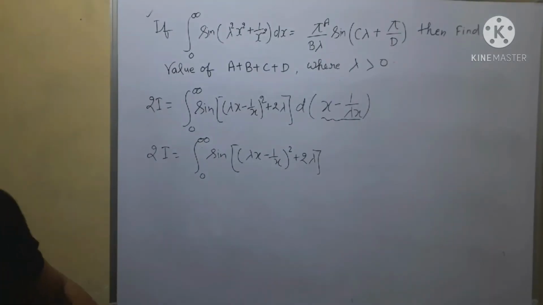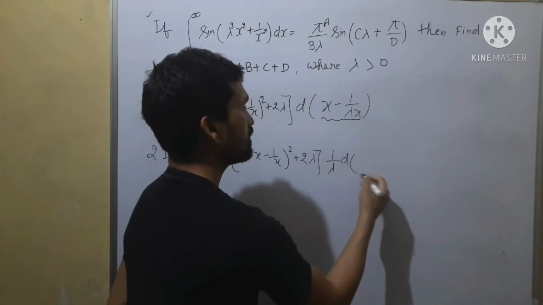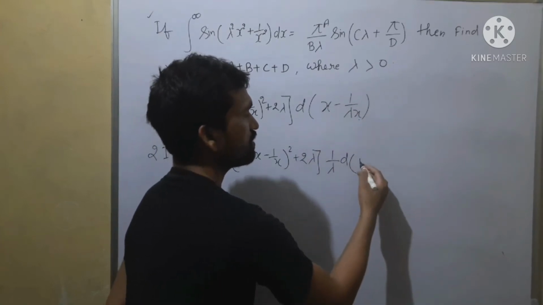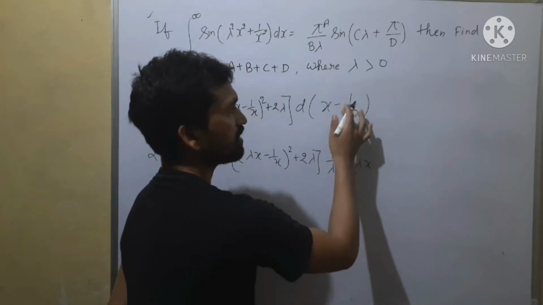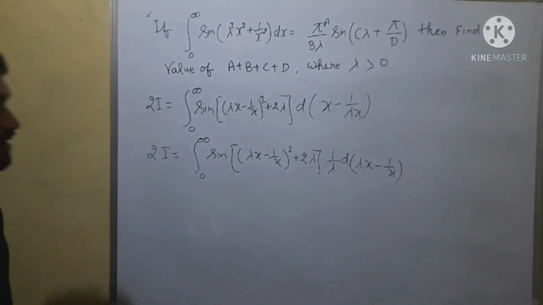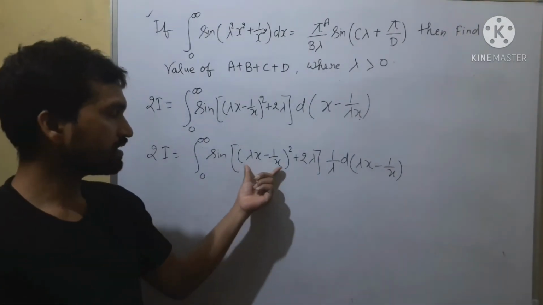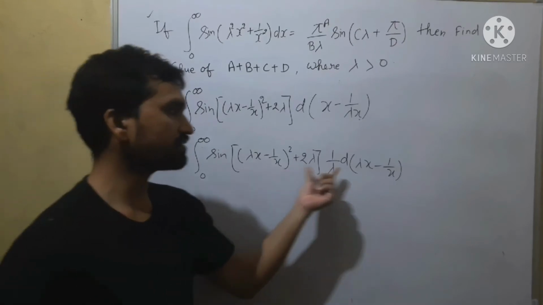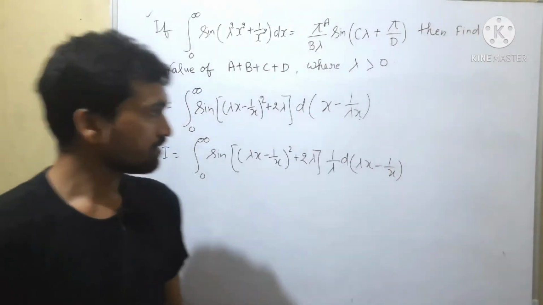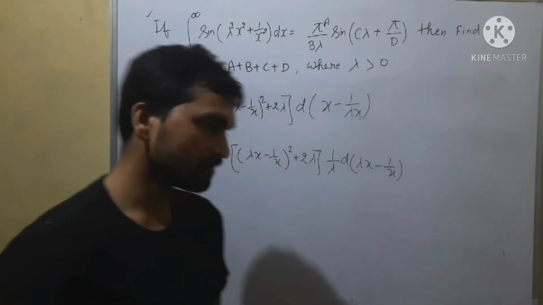Okay guys, now we have to divide by lambda and multiply by lambda inside. So it will be lambda x, and the multiplying lambda will cancel out, it will be 1 by x. Now we can see that it is lambda x minus 1 by x, and it is also lambda x minus 1 by x. Now you can see the benefit of multiplying lambda inside.